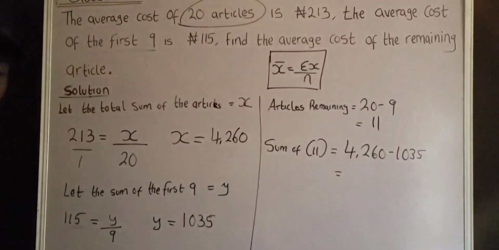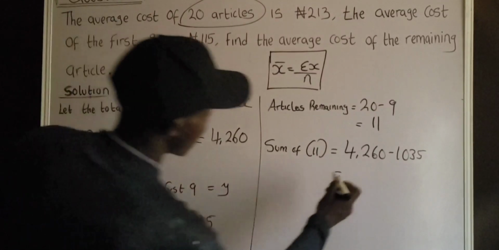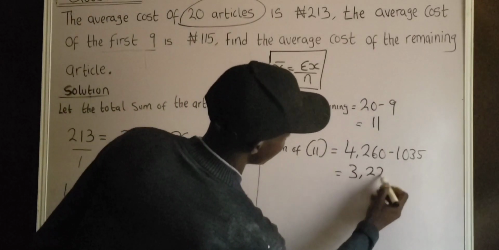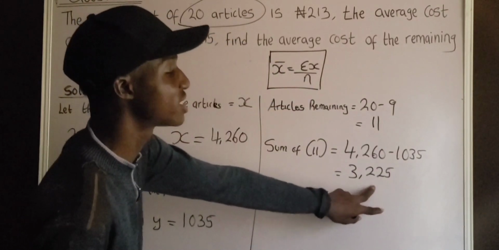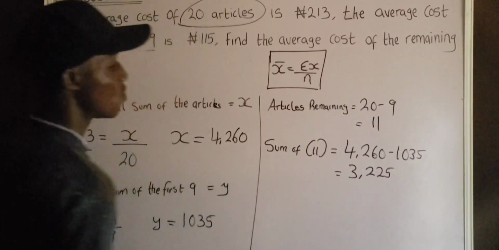If you subtract 4,260 minus 1,035, the answer is 3,225. So the sum of the remaining articles is what? 3,225.